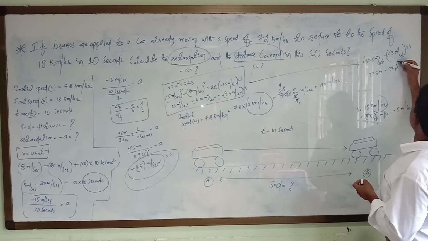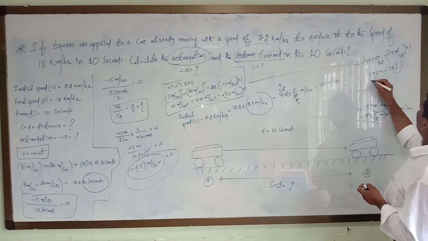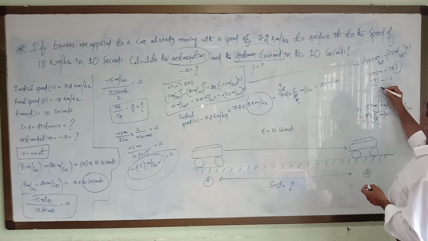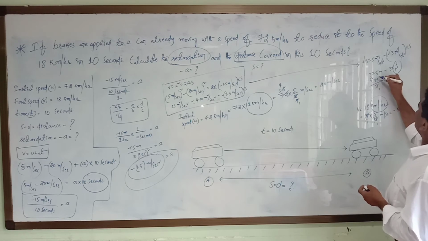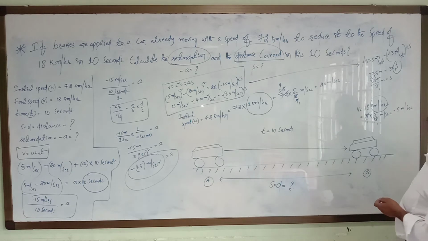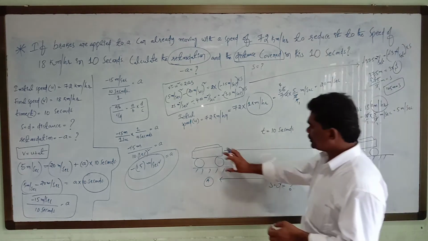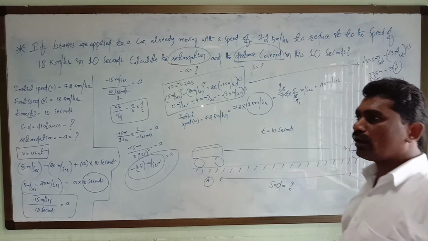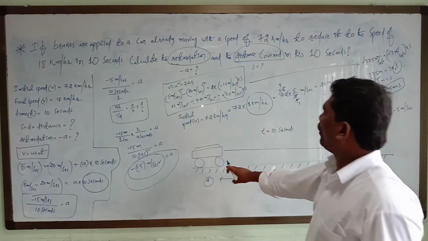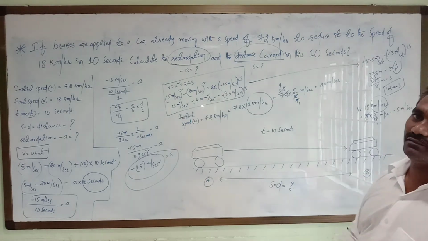The distance is to be calculated, so 375 divided by 3 meters. 3 ones are 3, 3 twos are 6, 3 fives are 15. So we get 125 meters. How much distance is covered by the car? The distance covered by the car is 125 meters.